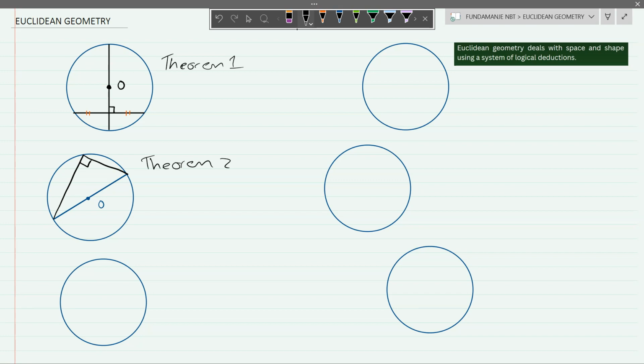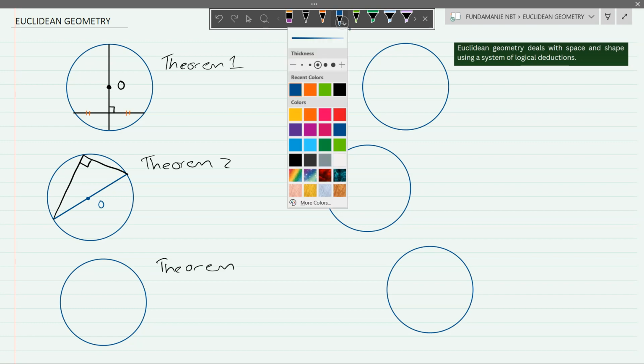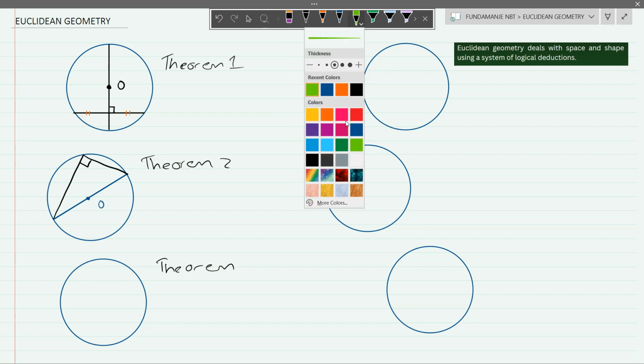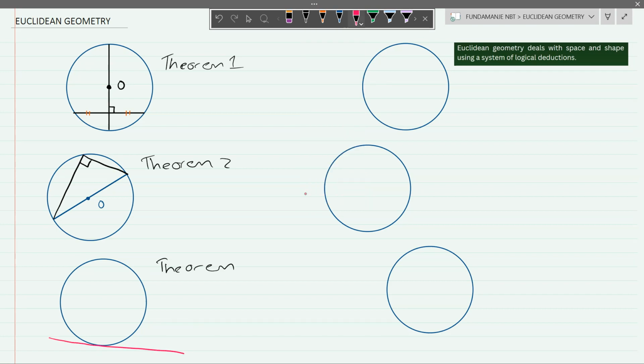Then we can move on to the third theorem, which states that the angle between a tangent and a chord. So the angle between a tangent and a chord, if I draw a tangent, it is likely to look like this. A tangent is just a line that cuts your circle at one specific position. So it doesn't cut it more than twice, only once.